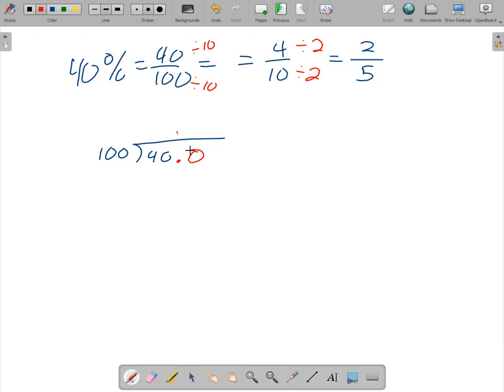So I'm going to make a note, the decimal point there. 100 goes into 40 0 times. I like putting the 0 in front. Does 100 go into 400? How many times? 4. 4 times 100 is 400. Subtract and get a 0, so I'm done. This must be 0.4.